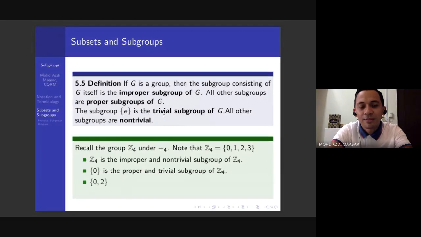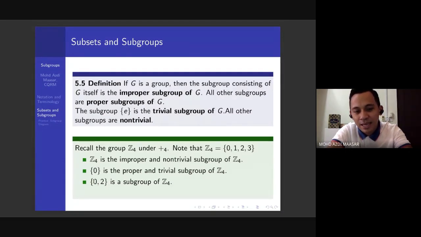And then the third one, this is a subgroup. We have shown that this is a subgroup because, again, identity is here, the inverse for each element is in here, and the operation is induced from here, and this is a subset of integer modulo 4. But because this subset is not equal to integer modulo 4, since it contains 2 elements only while integer modulo 4 contains all these 4 elements, I can say that it is a proper subgroup based on the first part.